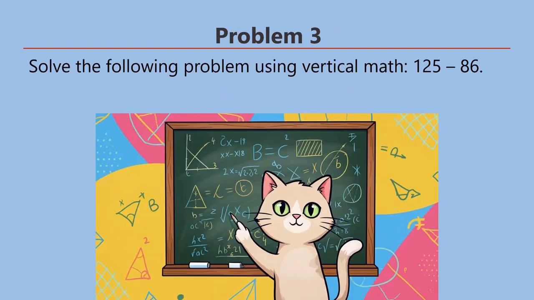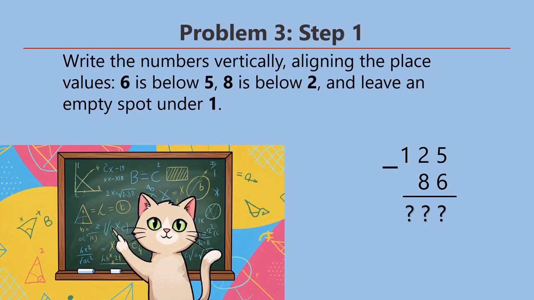Problem 3. Solve the following problem using vertical math: 125 minus 86. Step 1. Write the numbers vertically, aligning the place values. 6 is below 5, 8 is below 2, and leave an empty spot under 1.